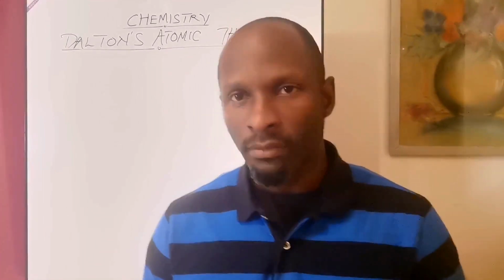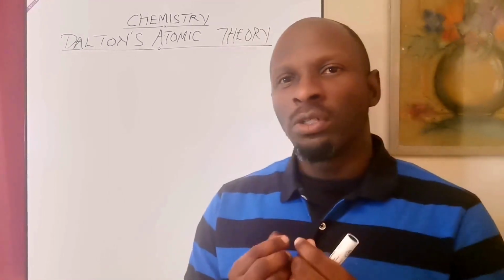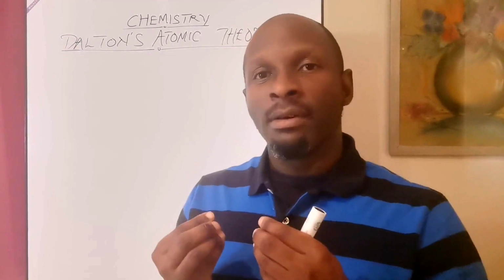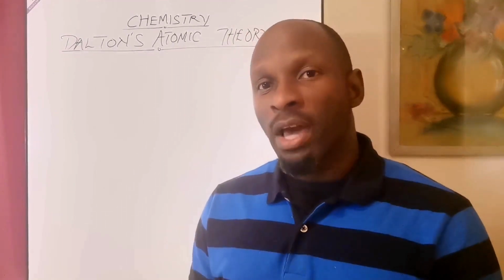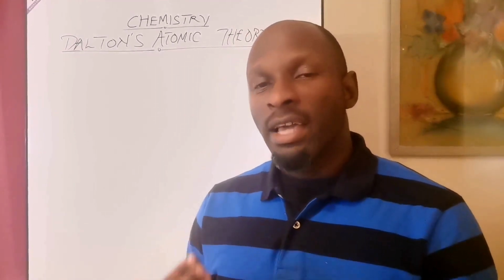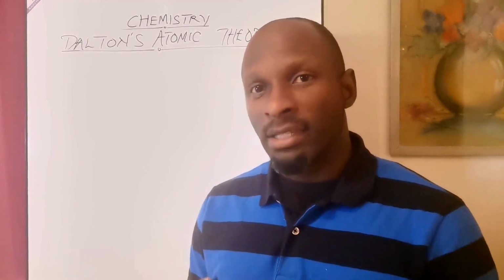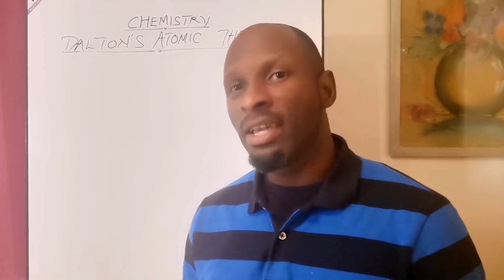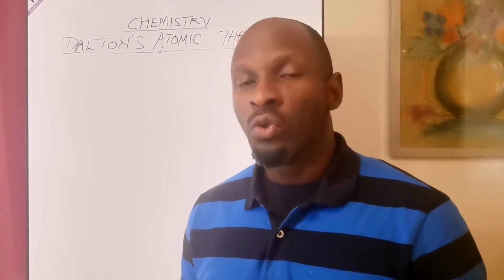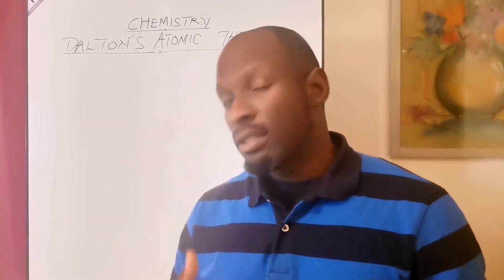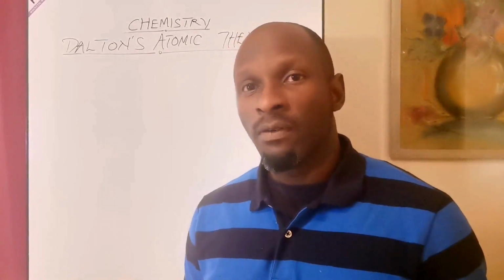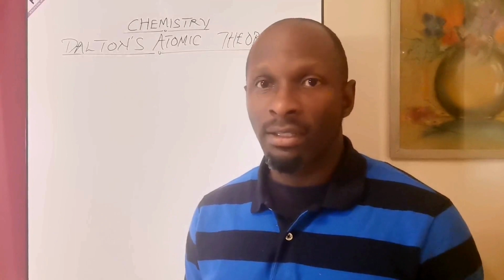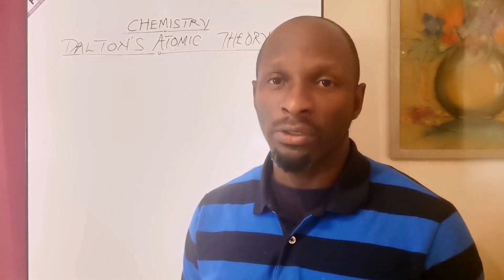Okay? The first point that John Dalton raised was that matter is composed or comprised of tiny indivisible particles that is known as atom. Remember, we defined atom the last time to be what? The smallest particle of a substance or an element that can take part in a chemical reaction.